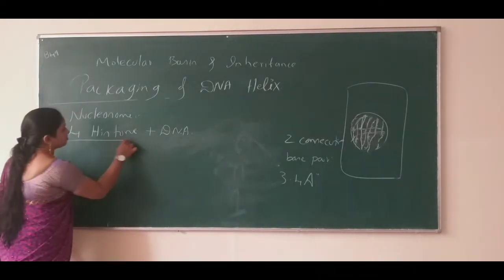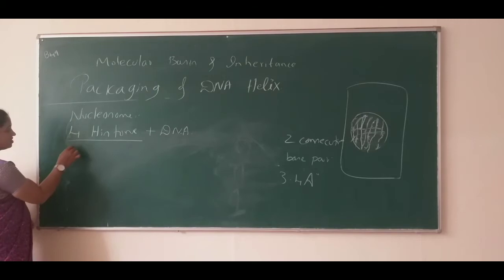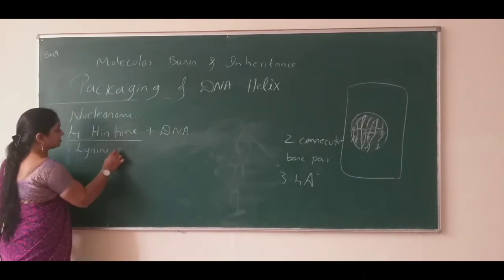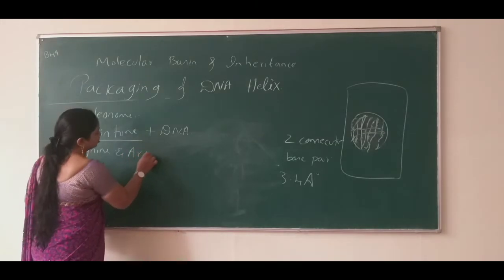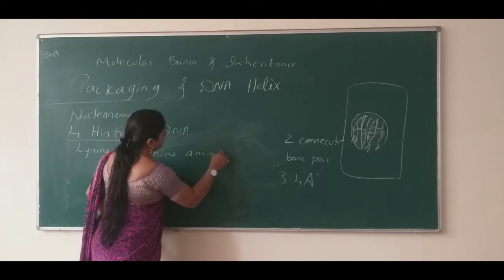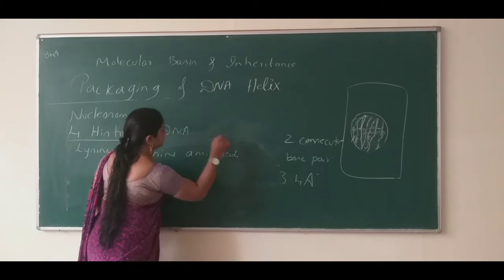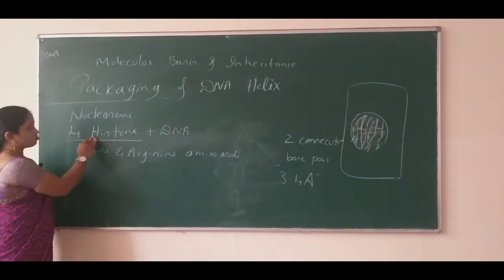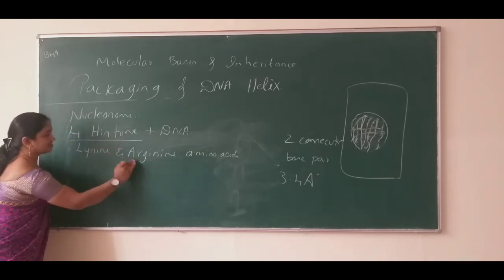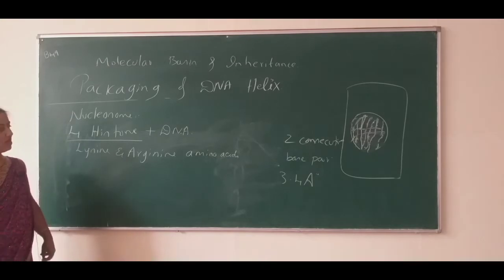These histones are made of lysine and arginine amino acids. As I told you, this is the protein. These proteins are made of lysine and arginine amino acids.